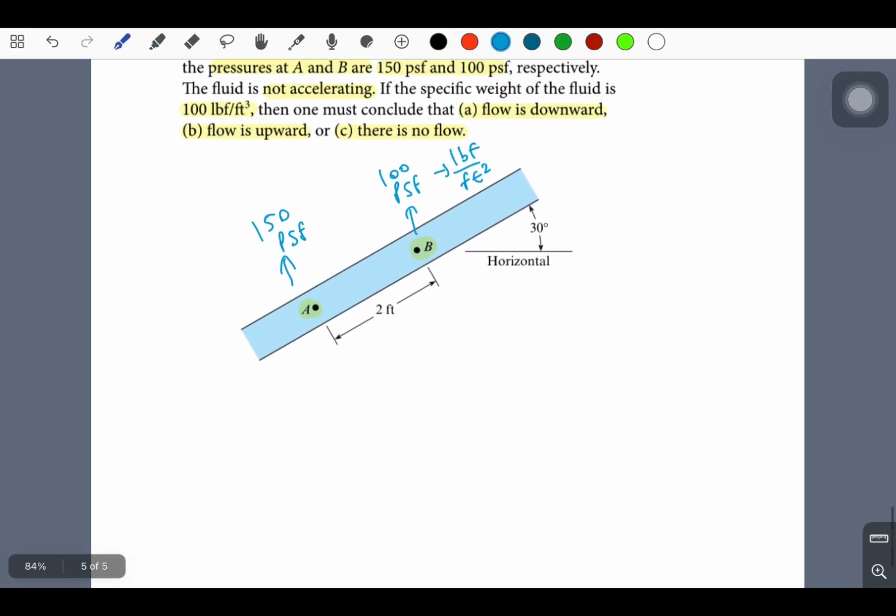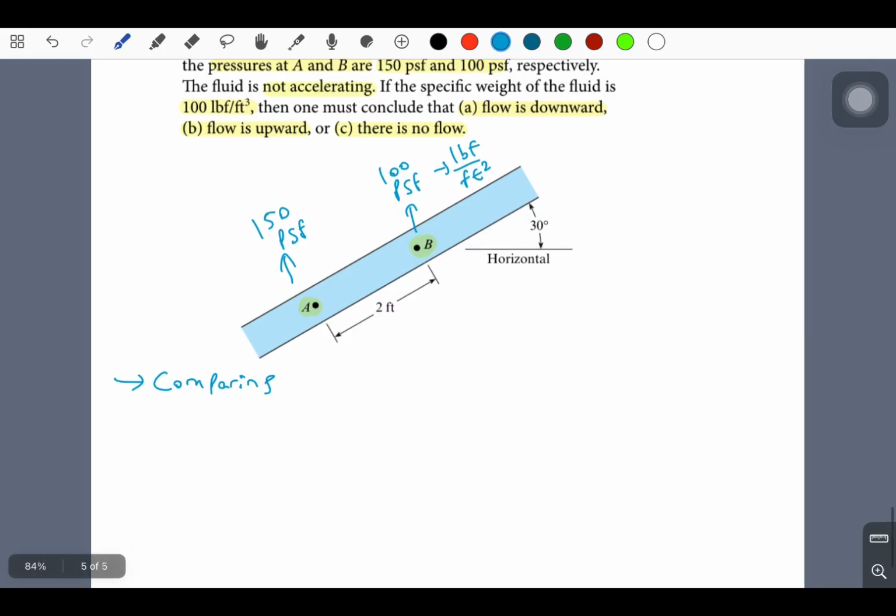The best way to understand the flow direction is comparing piezometric heads, because the fluid will move in the direction of decreasing piezometric head.